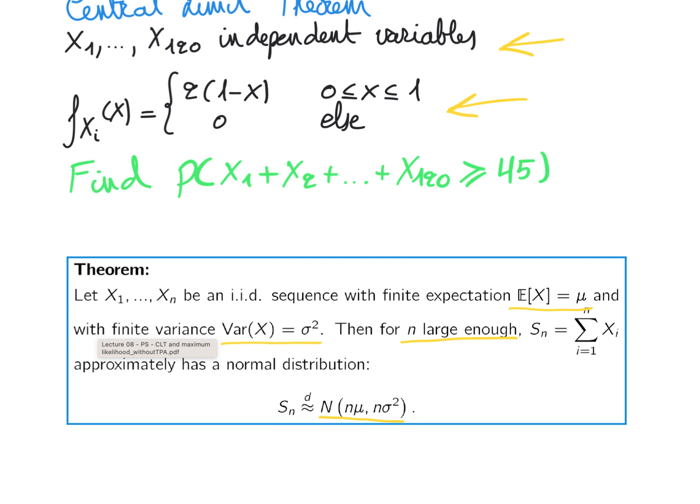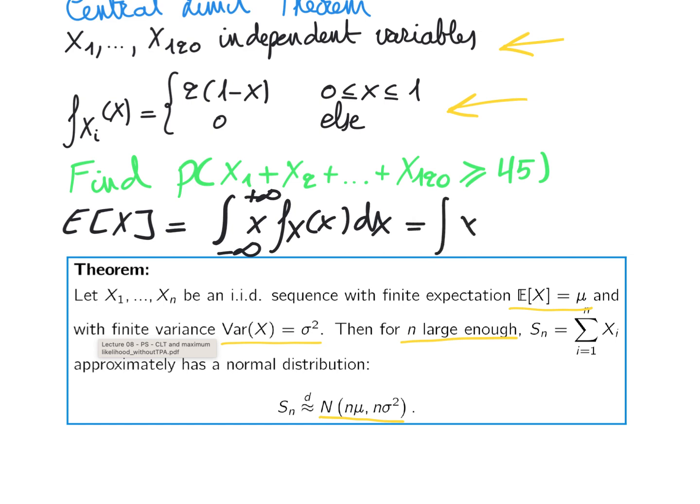Of course, the expectation is quite easy to compute, especially if the density function is rather simple, which is the case here. The expectation is the integral from minus infinity to plus infinity of x times the density function dx.